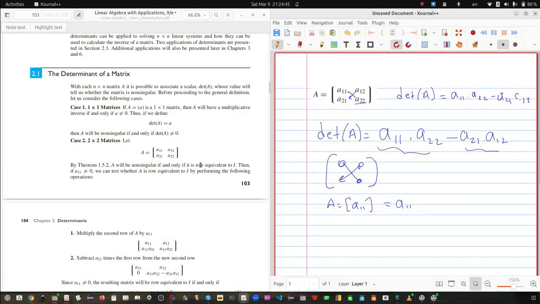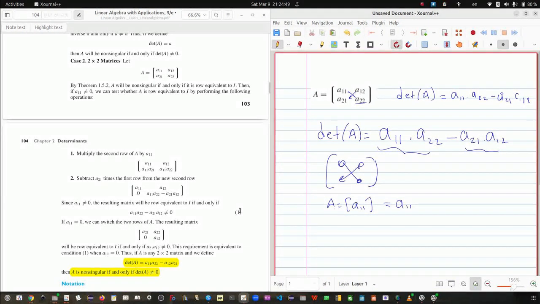We don't go to the proof of this. Just the idea is if this determinant is not equal to 0, then the matrix is non-singular. When it's 0, it is singular. We have to memorize this.